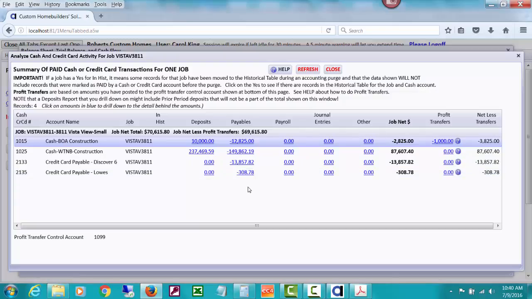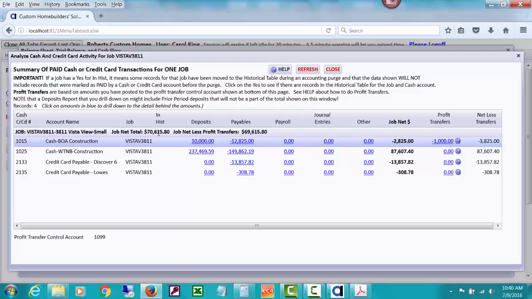Whether we've paid that credit card company directly or not, we're going to pick up all the entries that we posted as paid by that credit card, which you can study in credit card features in other demos, so that we can come up with the cash. We're kind of anticipating the cash use right here when it's credit cards, if you haven't paid the credit card yet, but at least it lets us know how much this job has used up or will very shortly use up, and giving you the job net total.